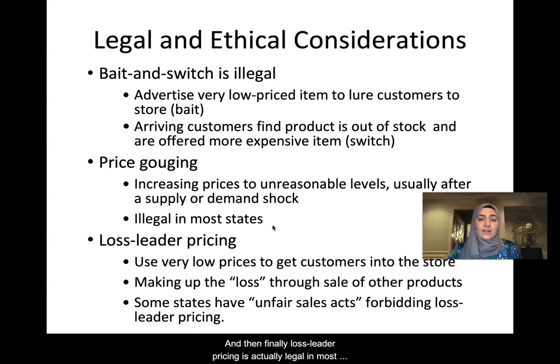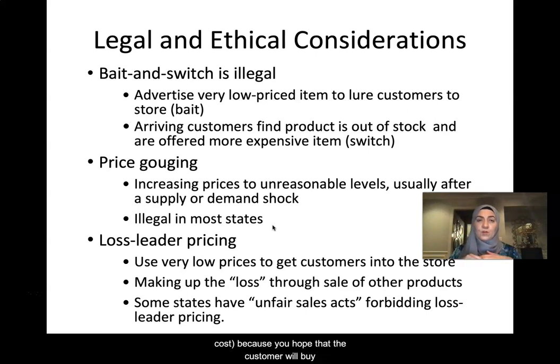And then finally, loss leader pricing is actually legal in most states, but some states have unfair sales acts forbidding it in a sort of vague way. Loss leader is when you have certain products priced at a very low level to get customers to come into your store, and then you make up that loss on other products.